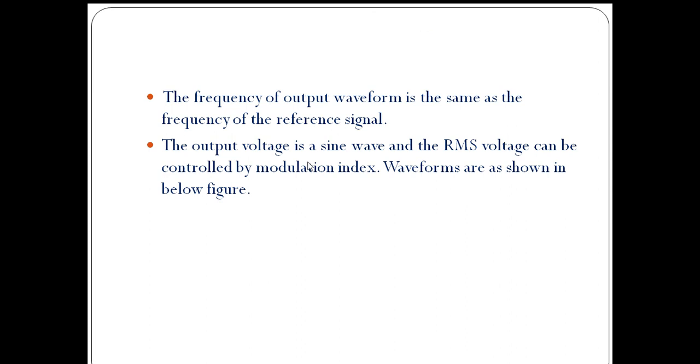The output voltage is a sine wave and the RMS value can be controlled by controlling the modulation index. The waveforms are shown. So this is regarding sinusoidal pulse width modulation. Actually, in this we have mainly focused on the pulse width modulation technique.